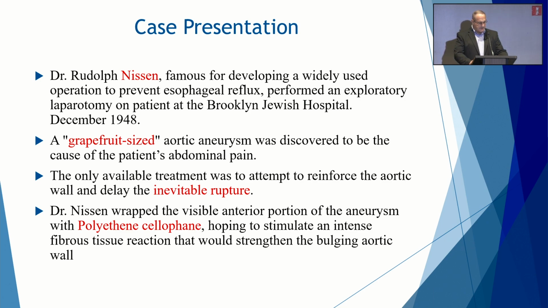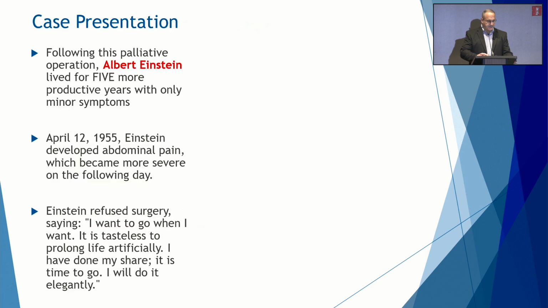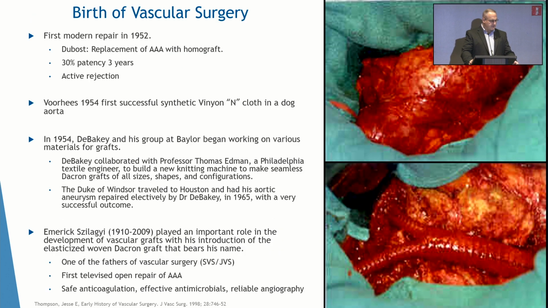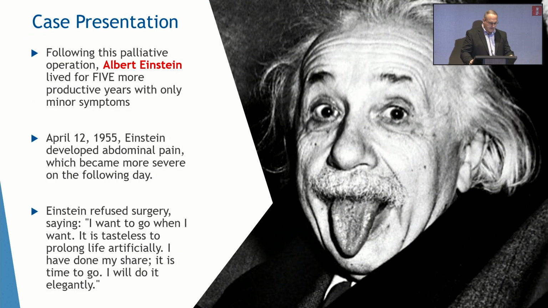At the time, the only way to treat this was to wrap a cellophane wrap around the aneurysm in hopes that this would create a fibrotic reaction and prevent rupture. It worked for this gentleman for about 5 more years.